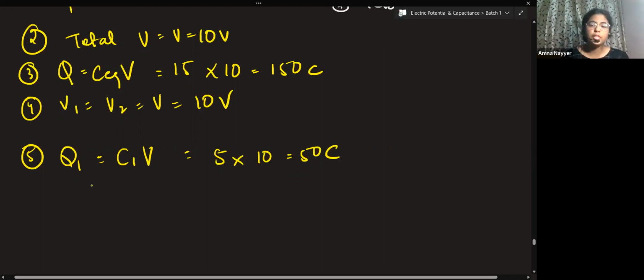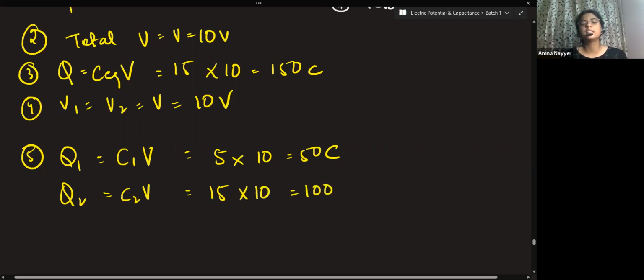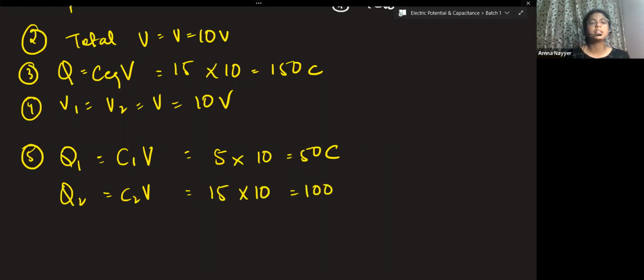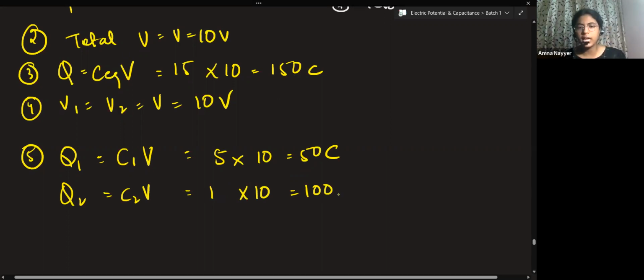Similarly, Q2 is C2 multiplied by V. C2 is 10, V is 10, that gives you 100 coulomb. So the total charge that we were getting was 150 coulomb, and here also we are getting 100 plus 50, that gives you 150 coulomb.